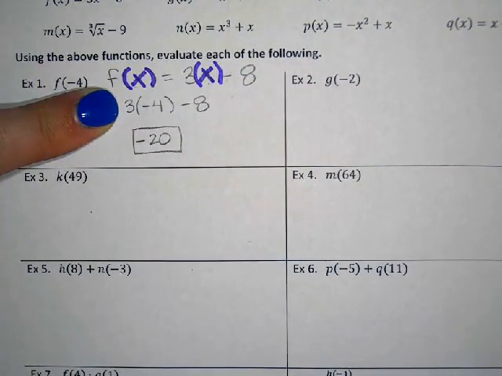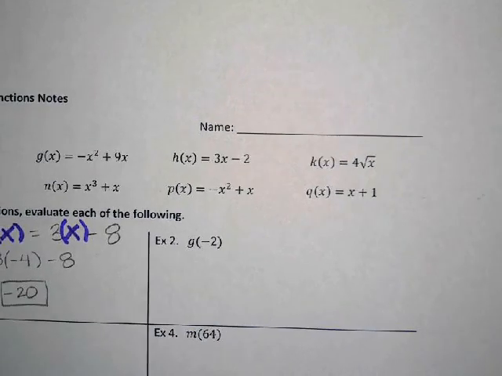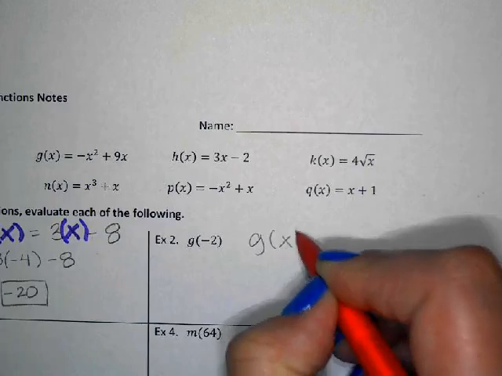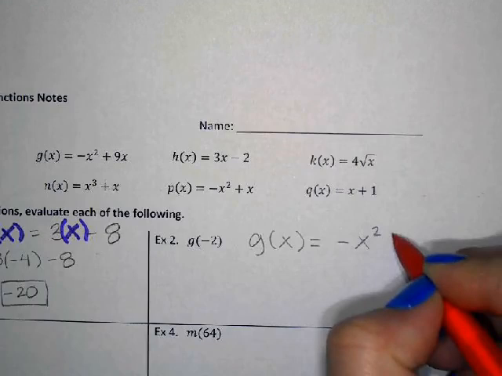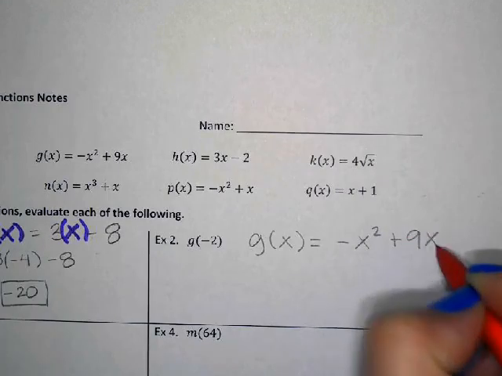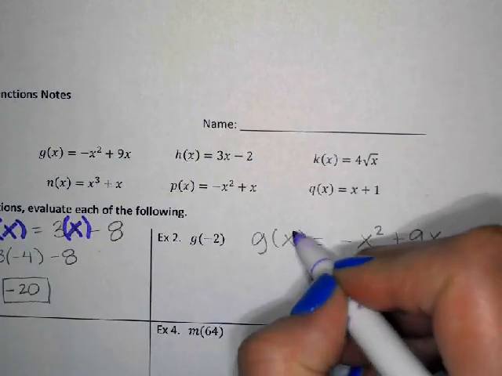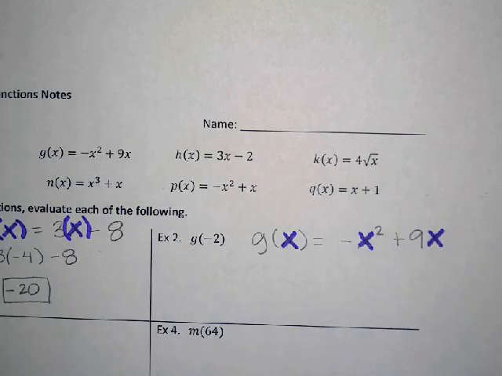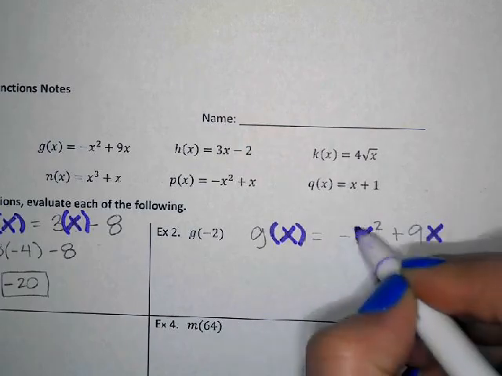Okay. The next one says g. We're going to use function g. So I'm going to say g of x is -x squared plus 9x. And then I'm going to take my marker and write down where I'm plugging in the number. And I can put parentheses around the x so I know where I'm plugging it in.